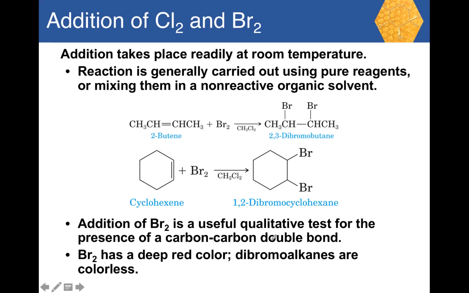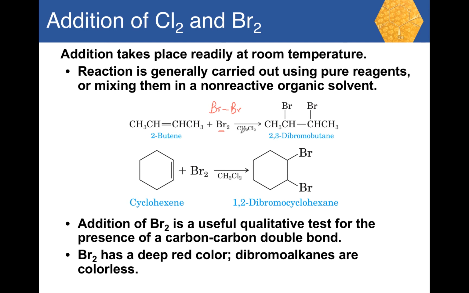Let us look at another type of reaction, another addition reaction. This time we're adding bromine. And again, bromine is Br bonded to Br. Two atoms of bromine makes molecular bromine.